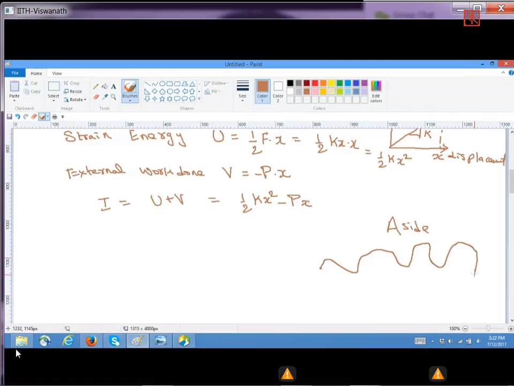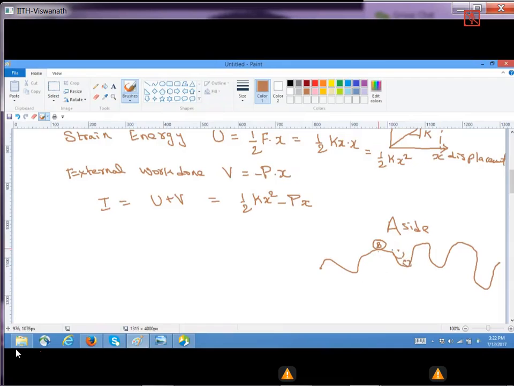If I try to keep a ball B here, or here, or here, which is the stationary one?